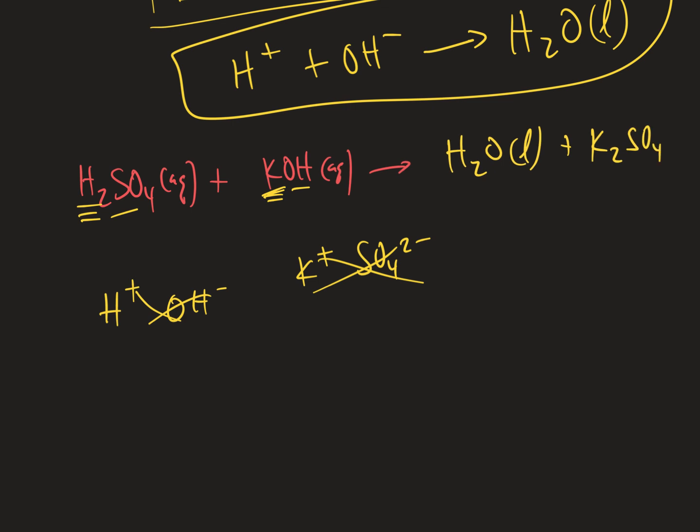K2SO4. Is that going to be aqueous or not? It's going to be aqueous, because of potassium, and also because of sulfate. So there's my equation. Here's my acid. Here's my base.